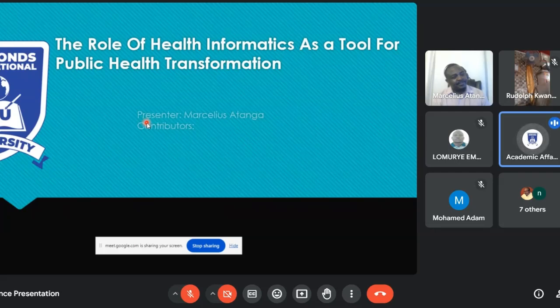But when we come to informatics, we are focused on collaborative activities that involve people, processes, and technology. When we look at data analytics, we are looking at statistics, database management, query language, and the use of software, computer programs, and the like.